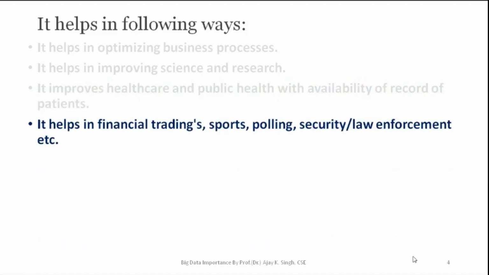It helps in financial trading. Obviously, directly or indirectly, we are talking about the financial aspect of doing this big data, isn't it? It is also helpful in sports. In sports you can analyze. Suppose we are talking about Sachin Tendulkar, he is a consistent player.